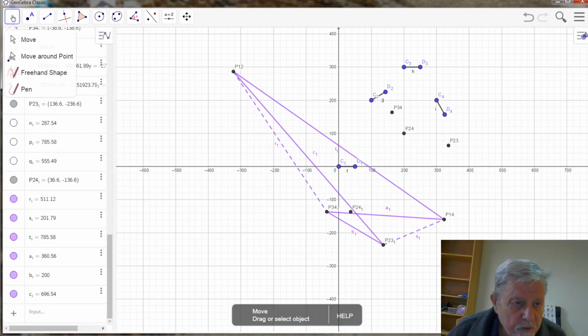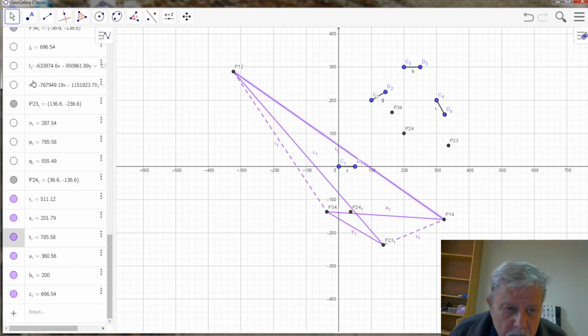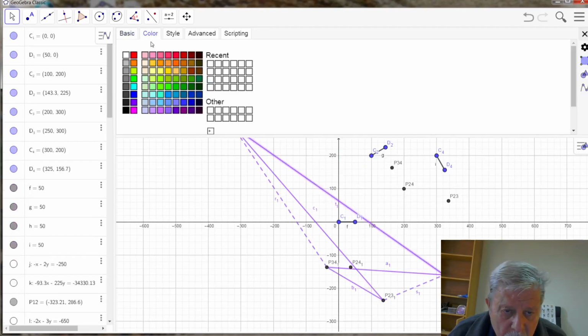I will use another color for this one. This is the pole quadrilateral.